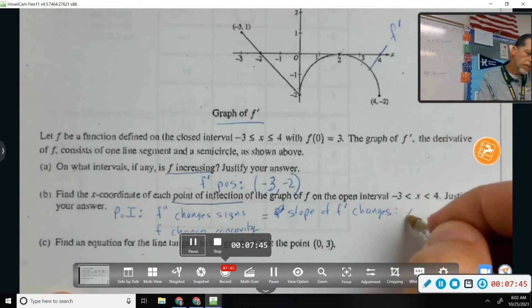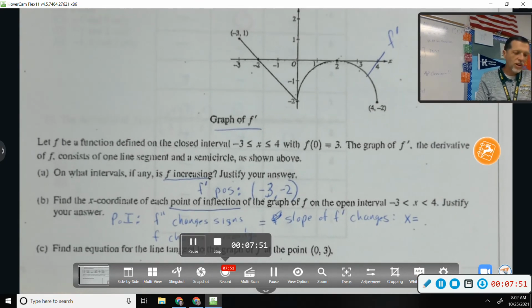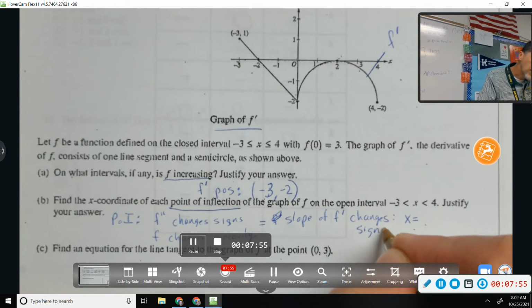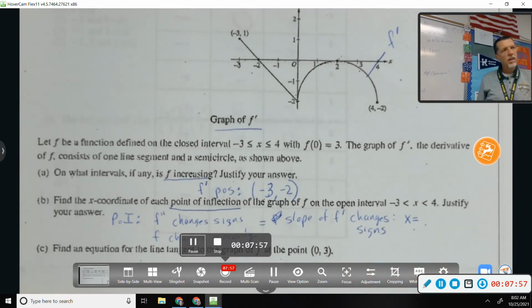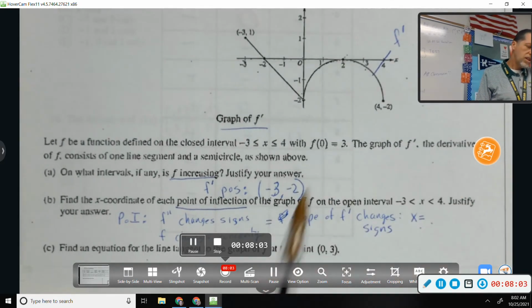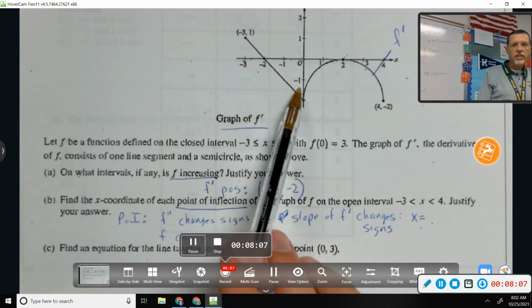So where does that happen? At what x values does the slope of f prime change signs? I guess we should be more specific. So where does it change signs? Well, it's decreasing, decreasing, decreasing, decreasing, decreasing, increasing.